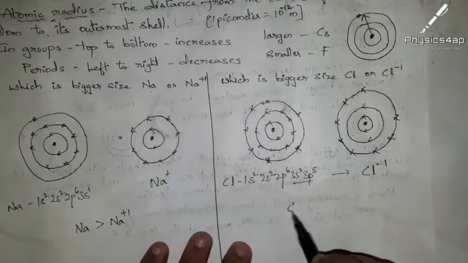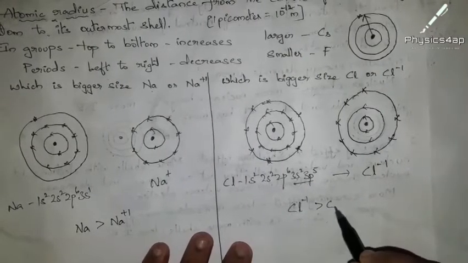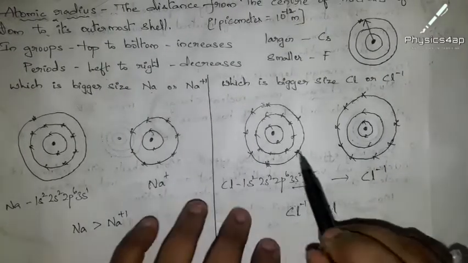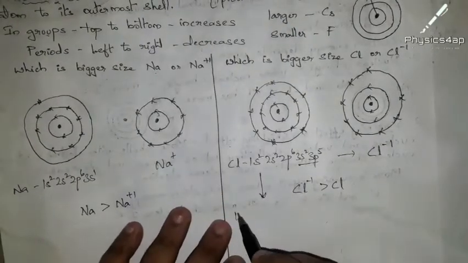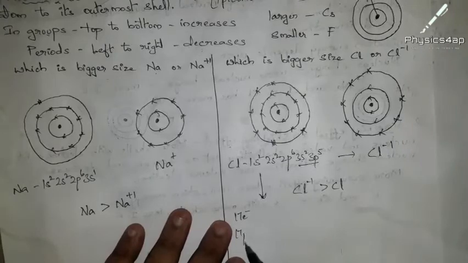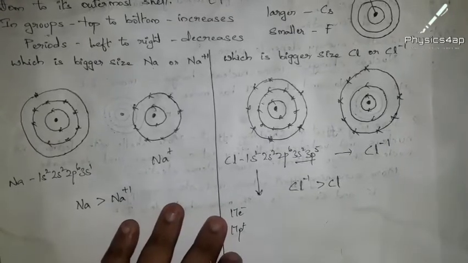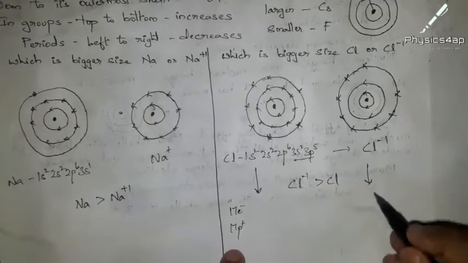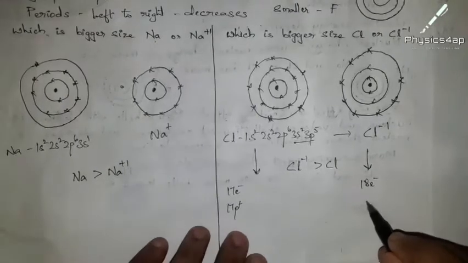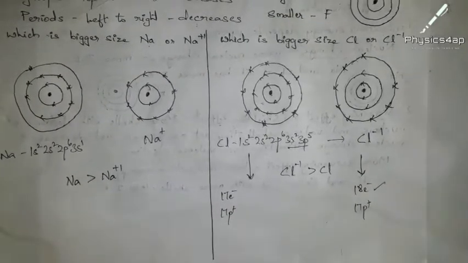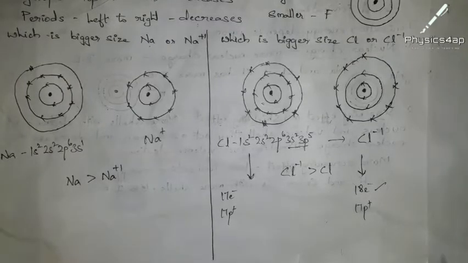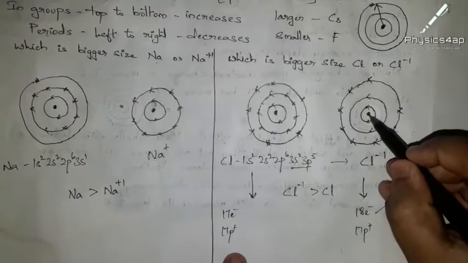Because see here, we have 17 electrons and 17 protons, but in Cl-1 we have 18 electrons and 17 protons. As the number of electrons is greater, the nuclear attraction from the nucleus to the outermost orbit has decreased. Why?